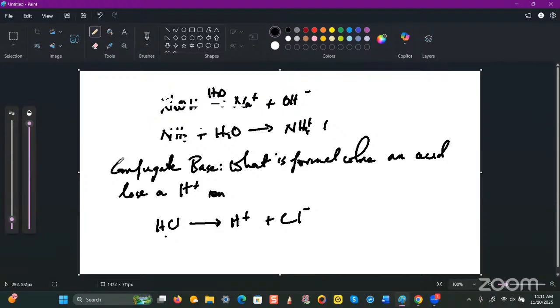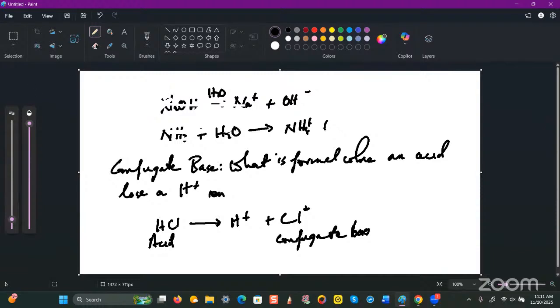So this is called the acid, because it produces hydrogen ions. And this is called the conjugate base of the acid. It's called the conjugate base because the hydrogen ion, when removed, gives you this. And you notice that the chloride has a negative charge here, all right? So that's basically how you determine what the conjugate base is for an acid.